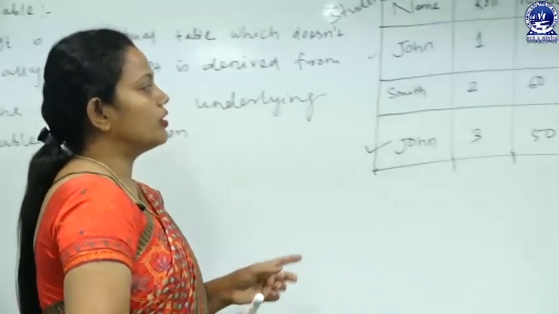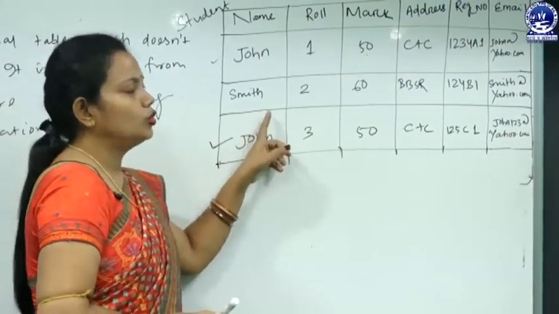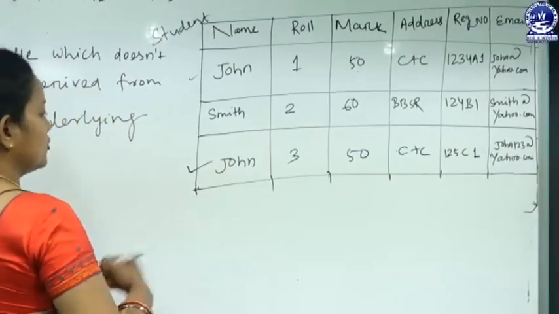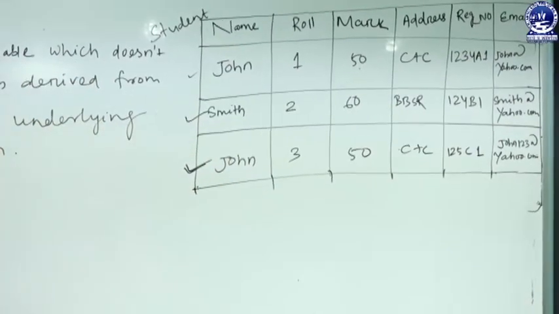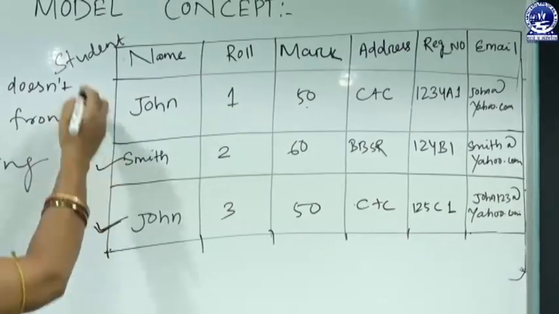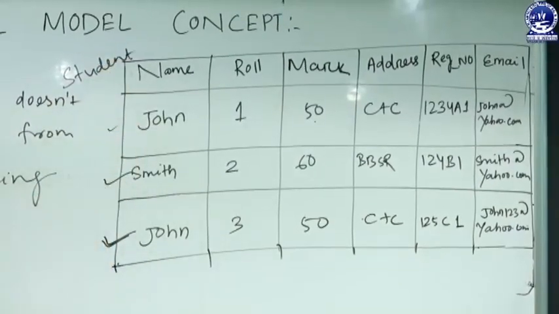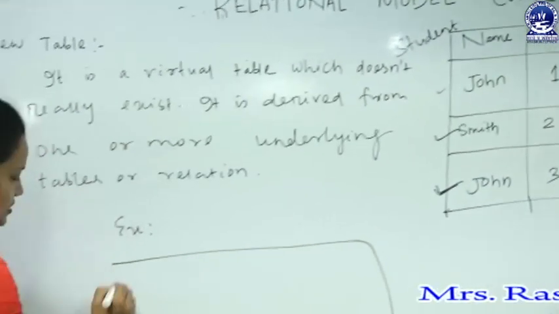Let us see the example. Suppose one wants to view the student information having roll 2 or 3 or both. In that case the virtual table will contain these two students' information. That means the result is derived from the underlying or existing table. So that is called a view table. It does not have any physical existence.